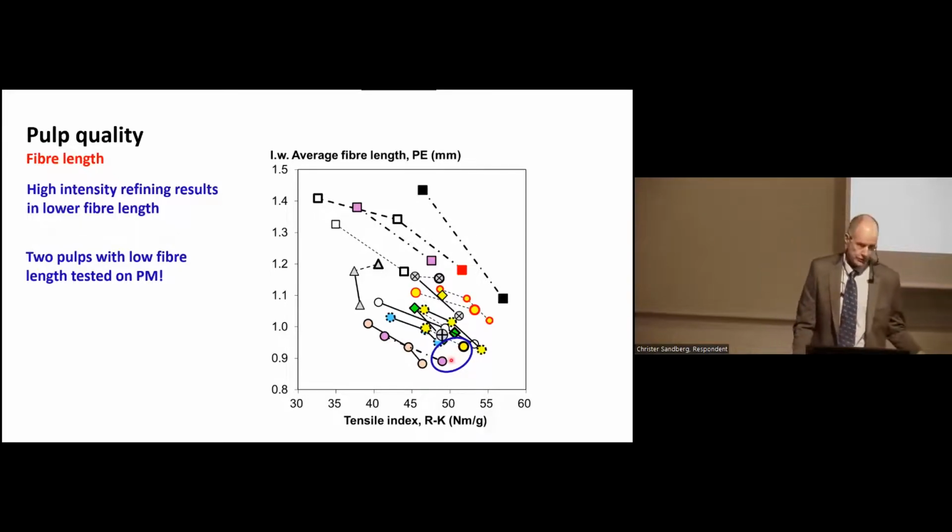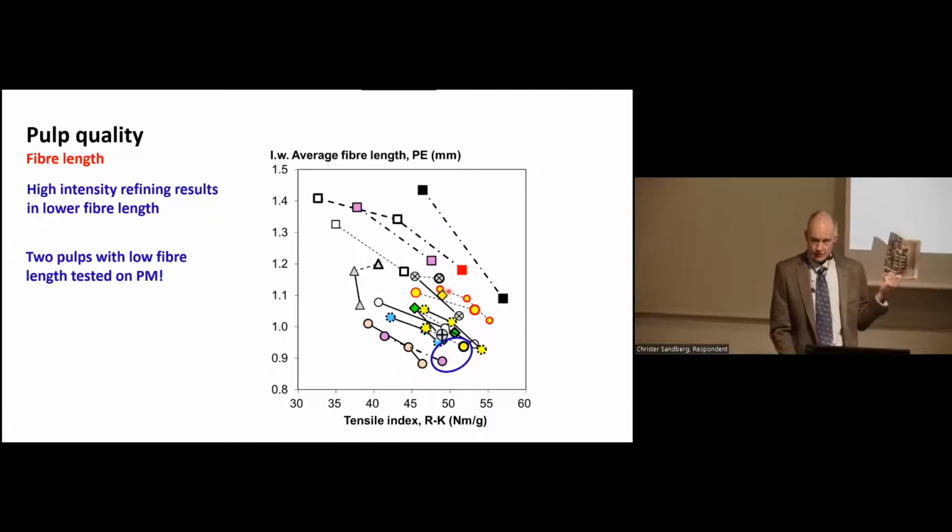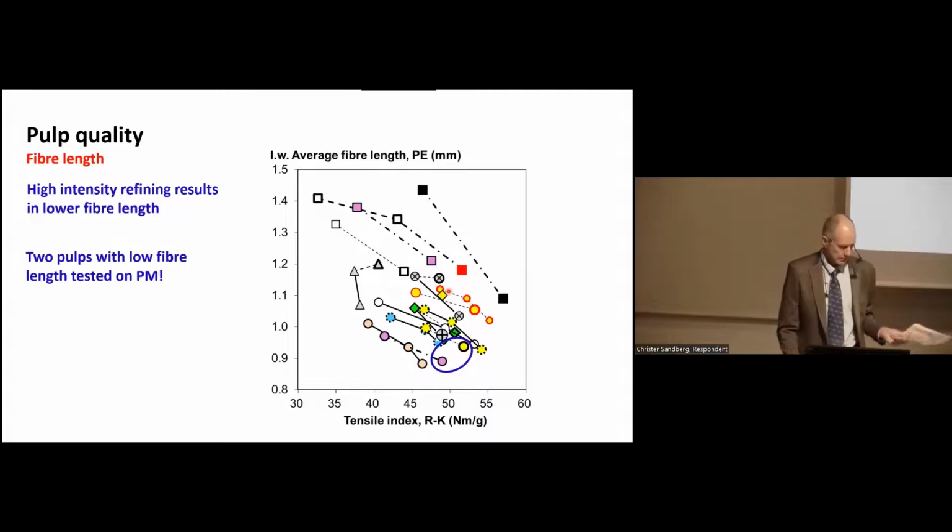And even if there was low fiber length compared to single disc pulps up here, the paper machine runnability was perfect, no problem, no breaks in the printing. So I hope we can discuss a little bit more how important fiber length is.